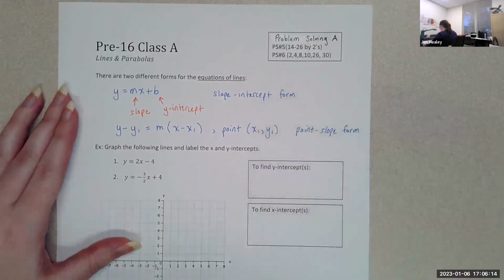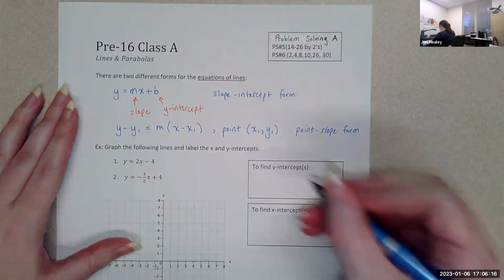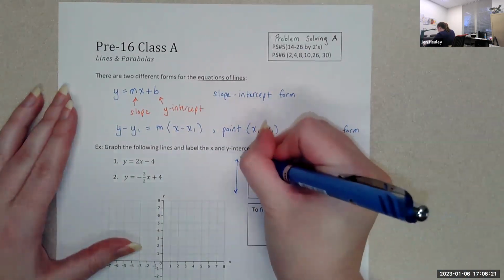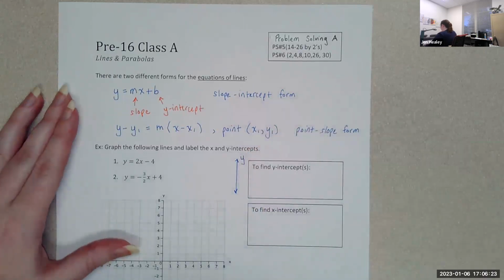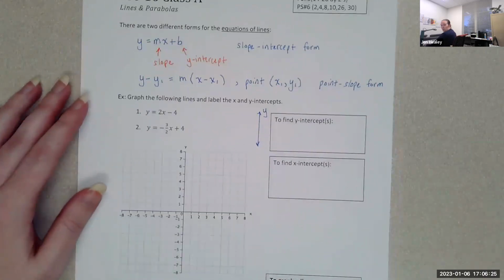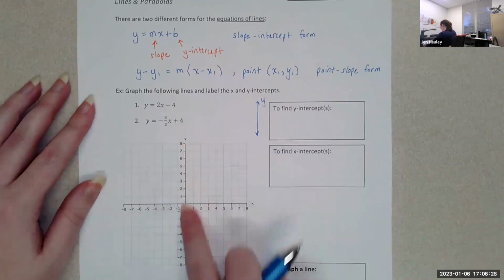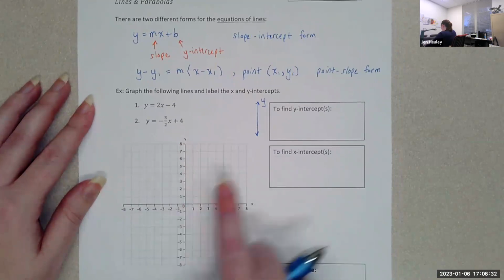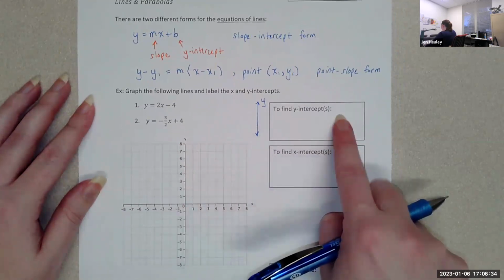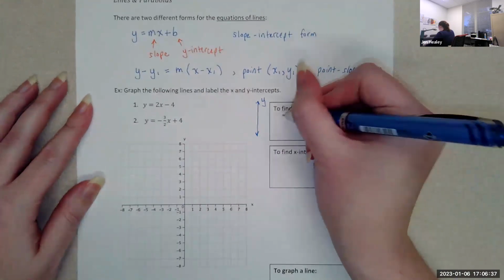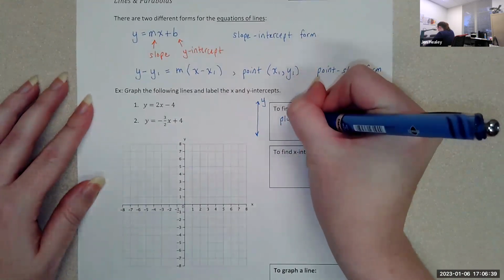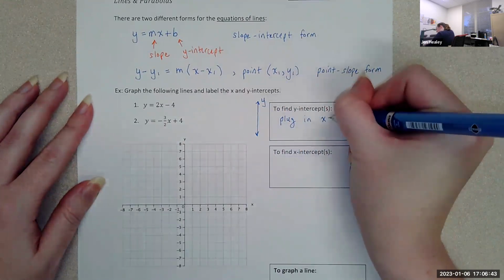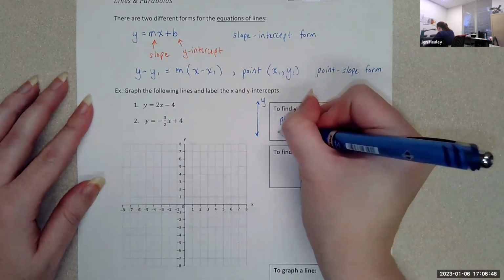The y-axis is the one that goes up and down on a coordinate plane, and it is always where your x value is equal to 0. So to find the y-intercept of the equation of a line, you plug in x equals 0 and solve for y.